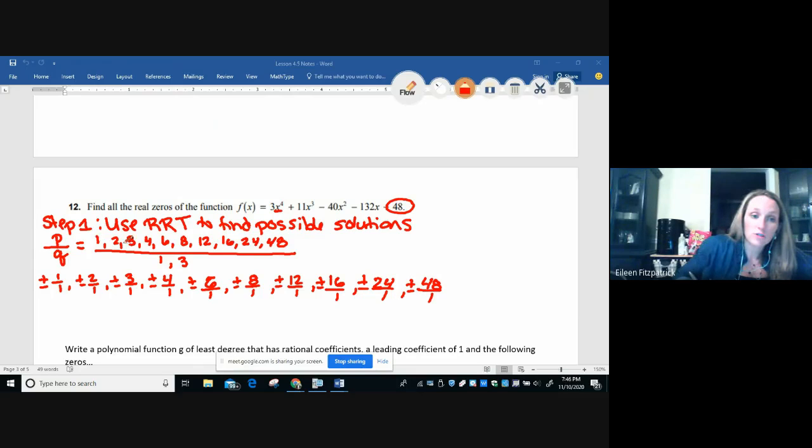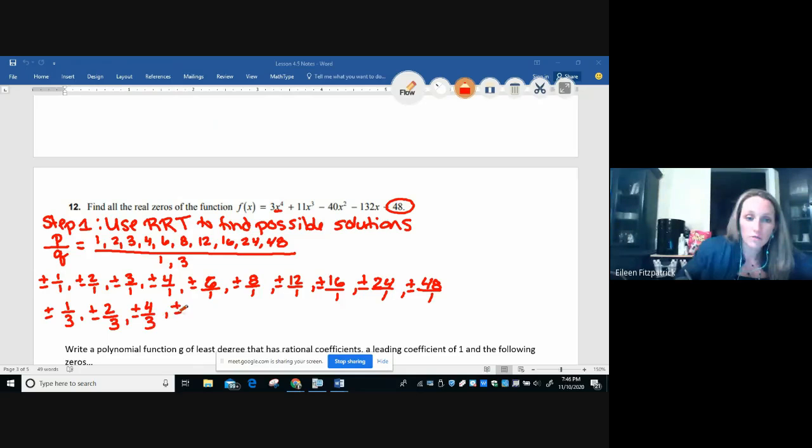Now I have to do 1 over 3, 2 over 3. Okay, so plus minus 1 over 3, plus minus 2 over 3. Now the next one, 3 over 3, that's equivalent to 1, so I'm not going to write that again. 4 over 3, so plus minus 4 over 3. Then I'd have 6 over 3, but 6 over 3 is the same thing as 2, so I'm not going to write that again.